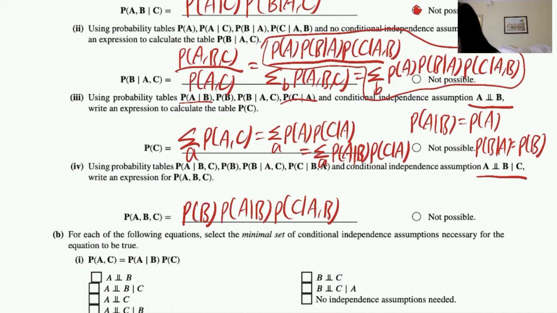So both probability of B and probability of C given AB are from the problem description.